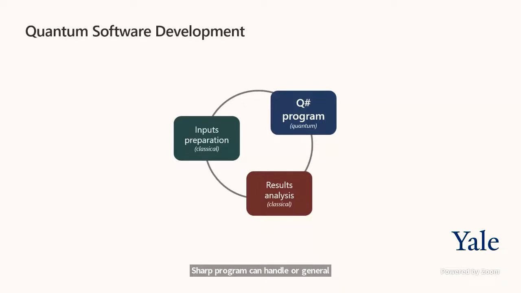Or on the other hand, take the results from the quantum program and convert them into a human readable format, or perform some later steps of processing. For example, Simon's algorithm, if you're familiar with it, includes the classical component running the quantum component multiple times to get this series of bit strings.